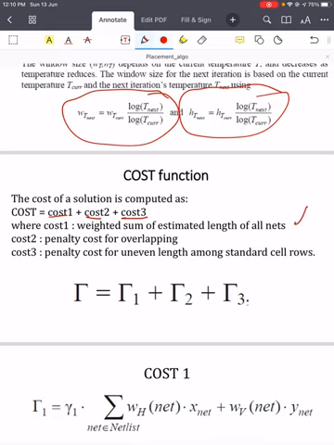Cost 2 corresponds to the penalty cost for overlapping, so it takes into account the amount of overlap; if any overlap happens during the perturbation, cost 2 takes care of it. And cost 3 is the penalty cost for uneven length among standard cell rows, corresponding to the row length inequality.